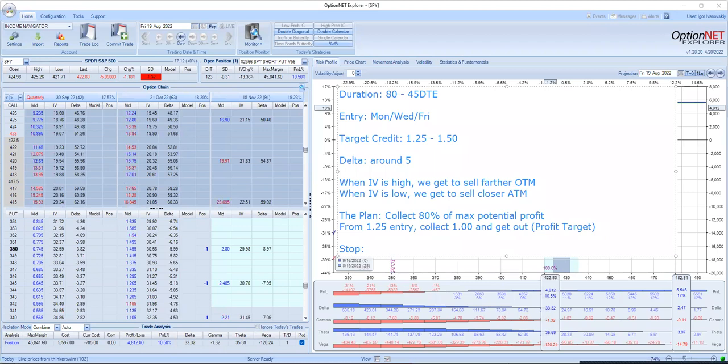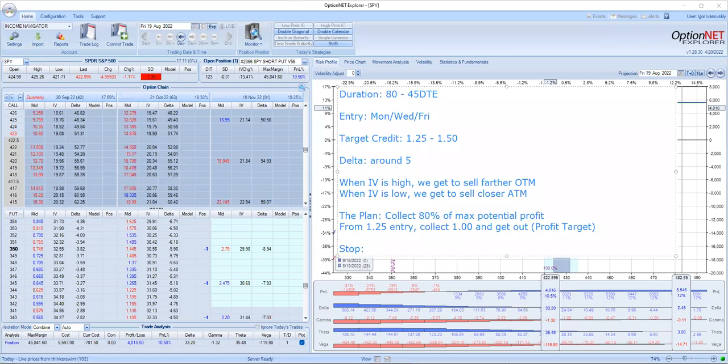So $5 minus $1.25, my potential loss is $3.75. $3.75 is 3 times $1.25. I hope that makes sense. And this is probably a bit confusing for some, where a lot of people think that if we sold something for $1.25 with a 3x loss, they just multiply $1.25 by 3, which gives you $3.75.